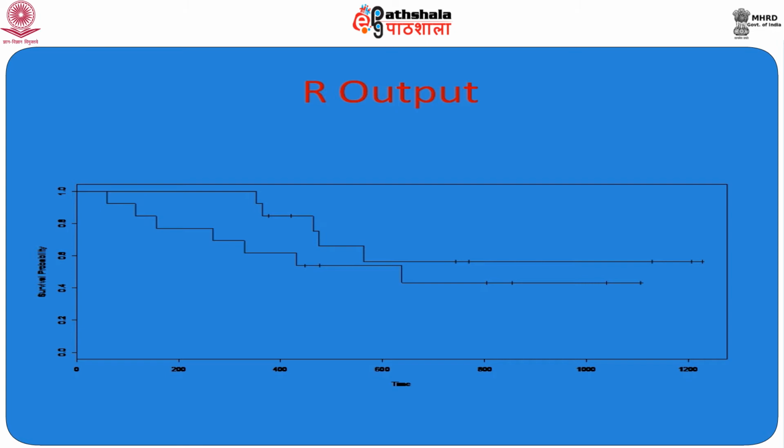But you will see here that, since we didn't mention the legend for the two arms, this graph is not showing which line belongs to which arm. If we add the legend function, then we will see which arm has better survival in comparison to the other.